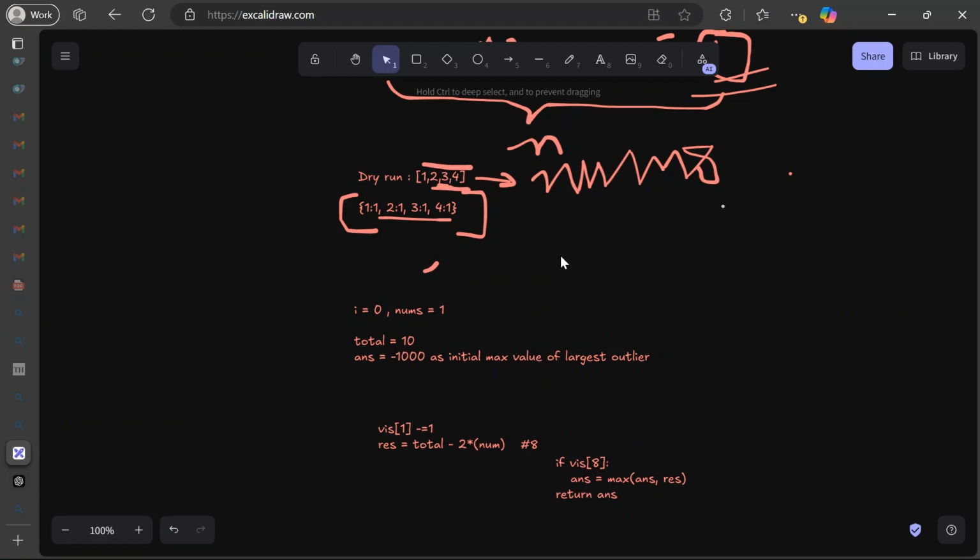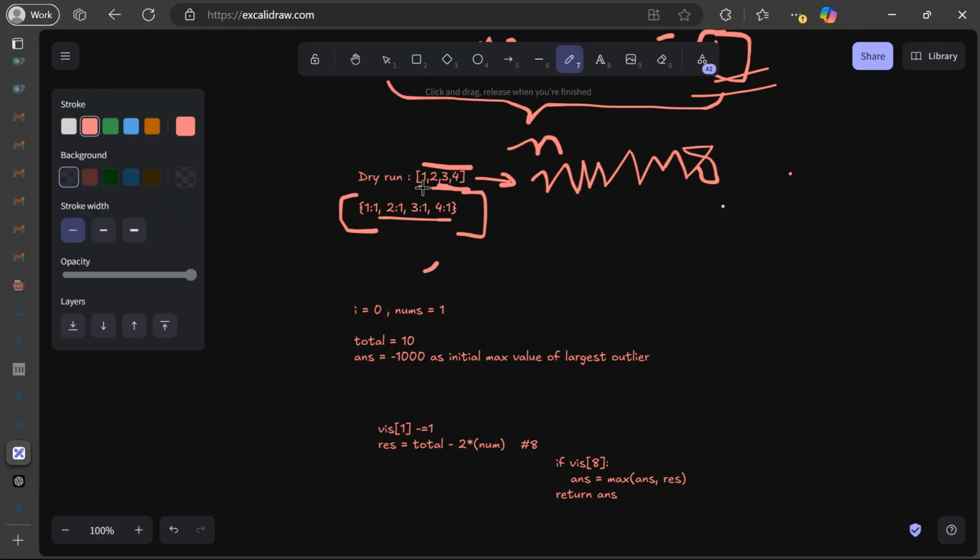I didn't find it in the first one, so I would go with i equals 1. Total will remain the same. Answer also is minus 1000 right now. Now I would decrement visit of 2 by 1.